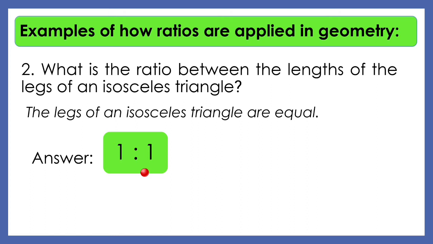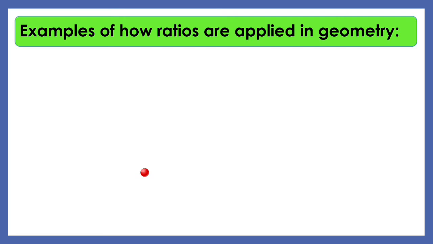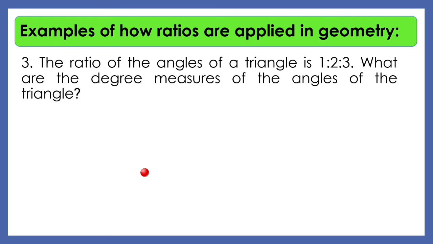Let us have example in comparing angles of polygon. The ratio of the angles of a triangle is 1:2:3. What are the degree measures of the angles of the triangle? Ang given na polygon is triangle.